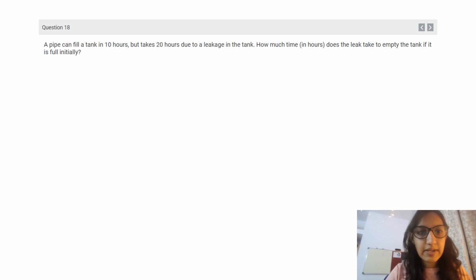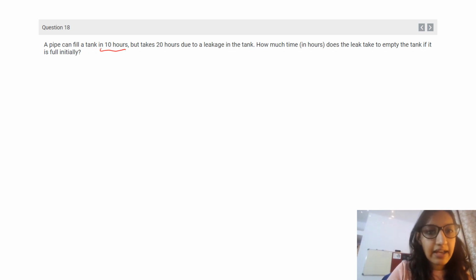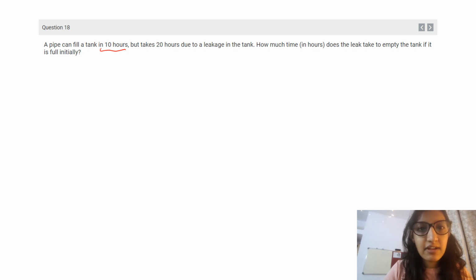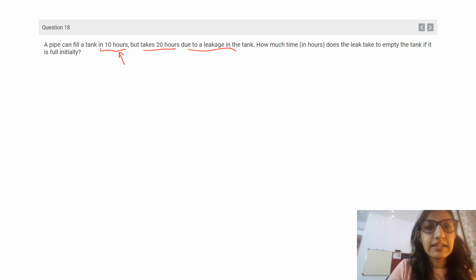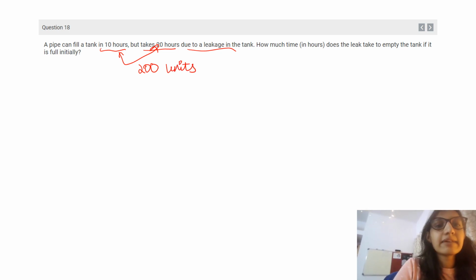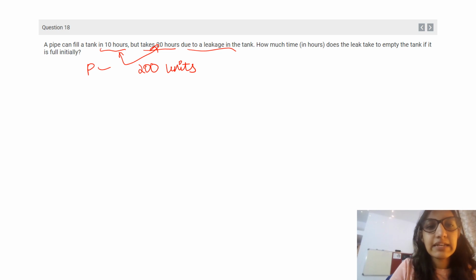Okay, so for this question, it's given that there is a tank and we need to fill it in 10 hours, but it takes 20 hours due to the leakage. So let's take the LCM of these two. Let's assume that we need to fill 200 units. Now the pipe can fill 200 units in 10 hours.